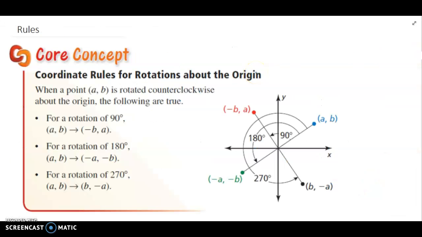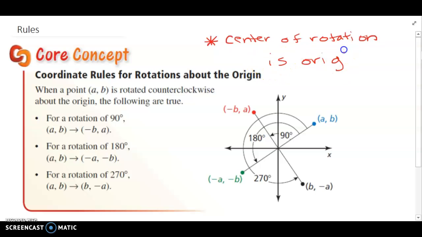All right, like reflections, we do have some rules. These rules are all around when the center of rotation is at the origin, and 99% of the time, that's where it's going to be in this class.